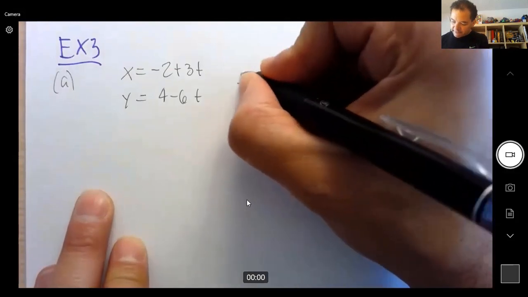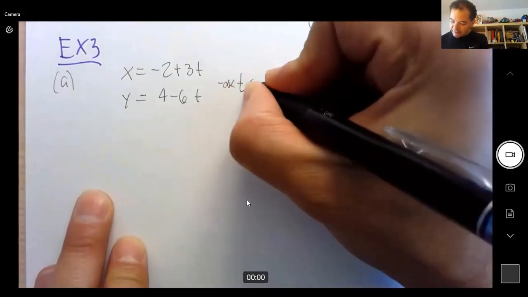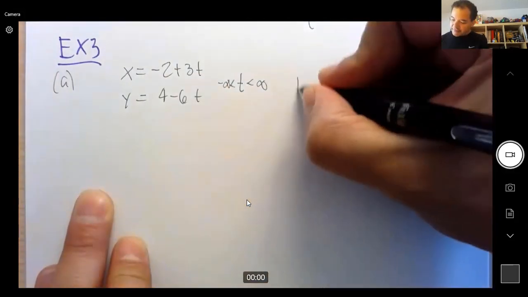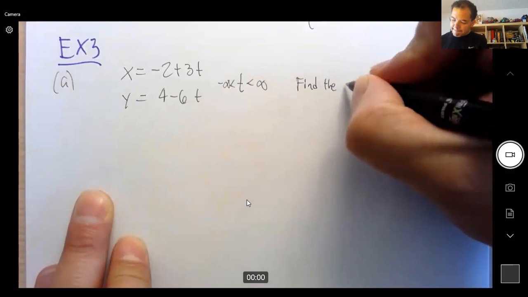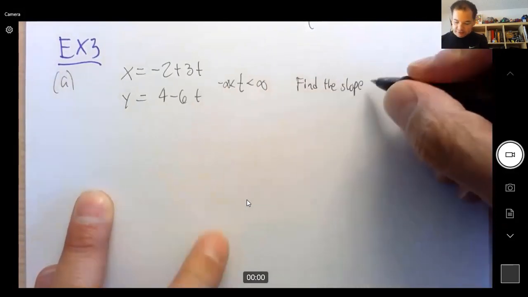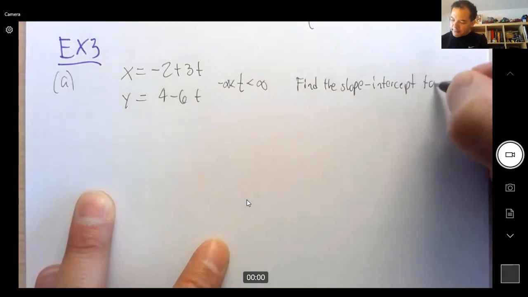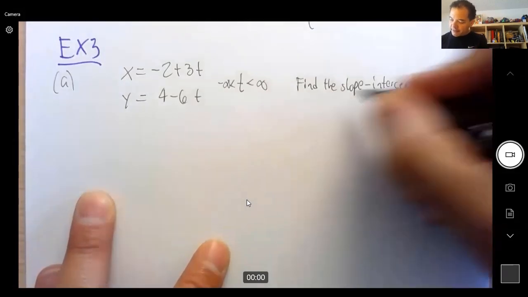T between negative infinity and infinity. So the entire range. Find the slope intercept form of the line.